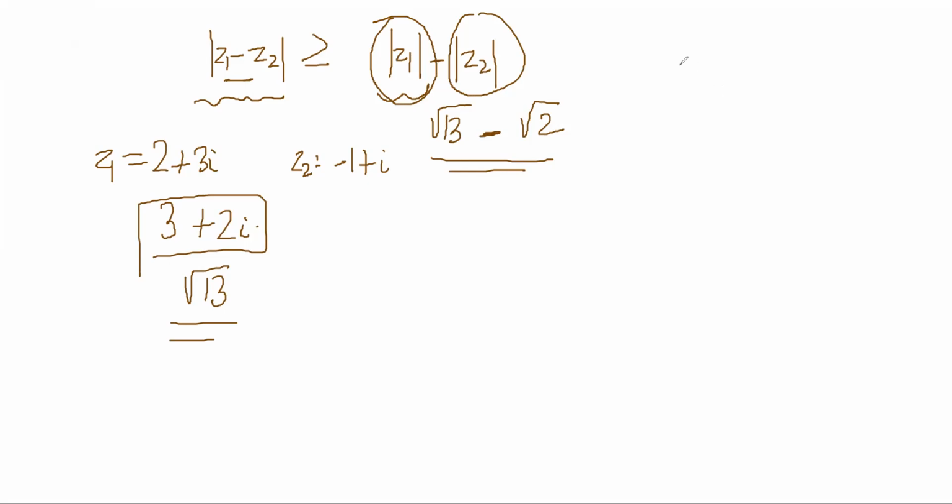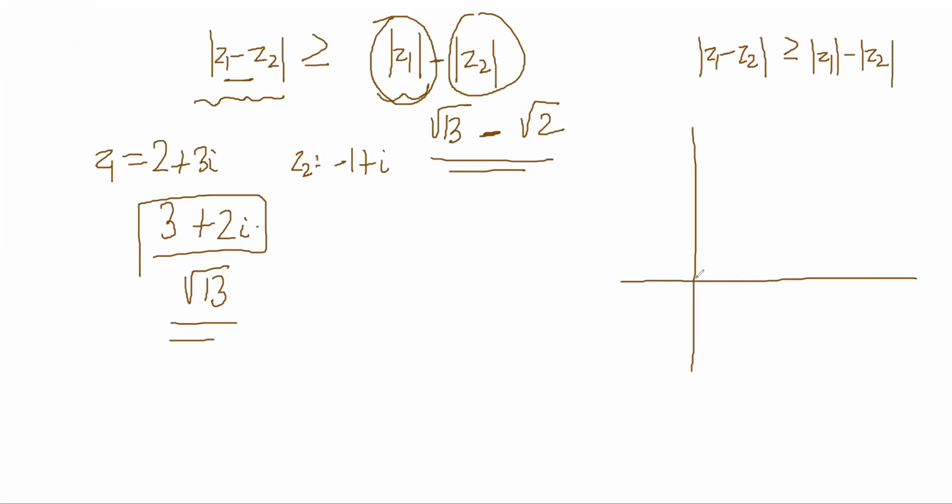You could understand it again pictorially. Let's try to do that using vectors. Suppose you have z1 and suppose you have z2, right? So what is z1 minus z2? It is this side. Why?